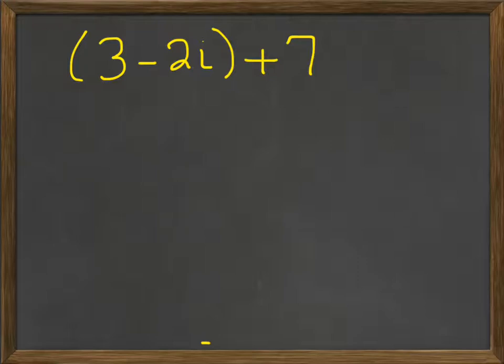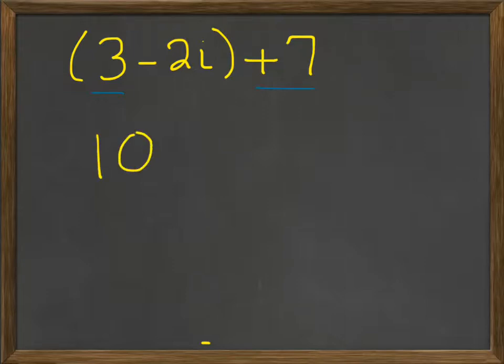So here's another example. We have an imaginary number or a complex number, and we're adding it to a real number. Now, this is easy to do because, again, all we do is add the real components together and the imaginary components together. So we start off by adding our 3 plus 7. Those are our real components, and we get 10.